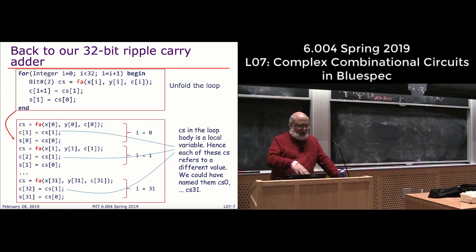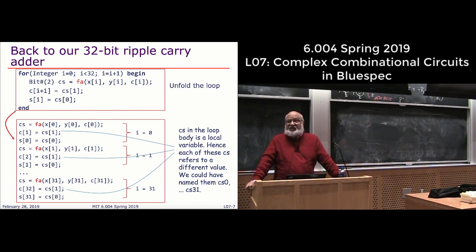So we don't think of that same CS as being used. Every iteration is generating a new CS, so some naming convention you can adopt, and I could have written it like this. That CS0 is this, and CS1 is this, and so on. No change in the program, it's still the same.